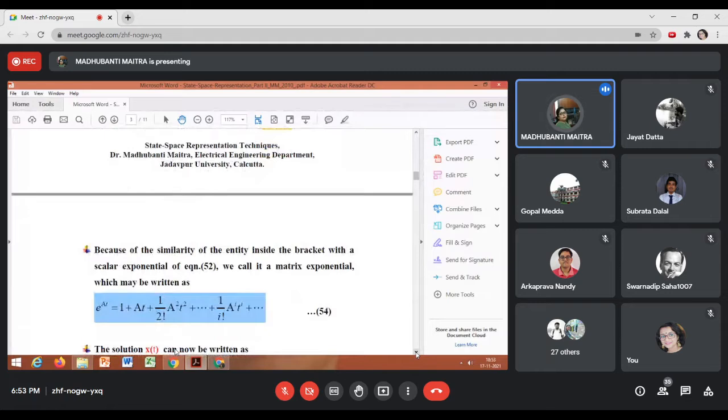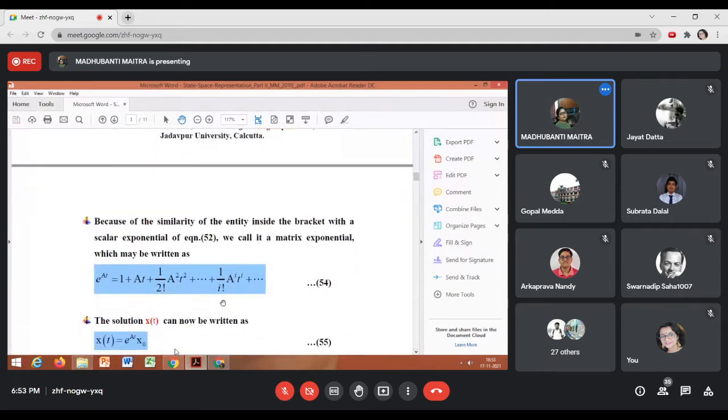So because of the similarity, this infinite series can be represented as e to the power capital At, where capital A is a matrix having a dimension n by n. Okay, that's why this e to the power At is known as the matrix exponential.